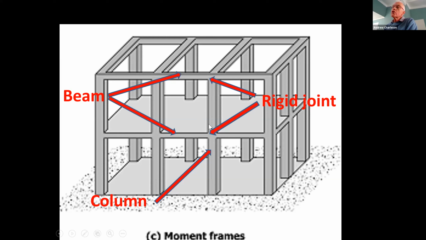In other words, very strong joints between the columns and the beams. And it's those joints that give these frameworks their strength and rigidity. So these are moment frames.